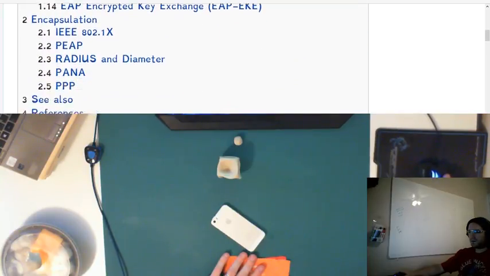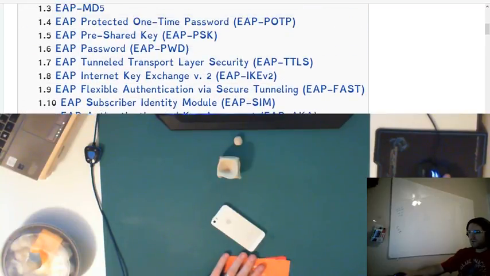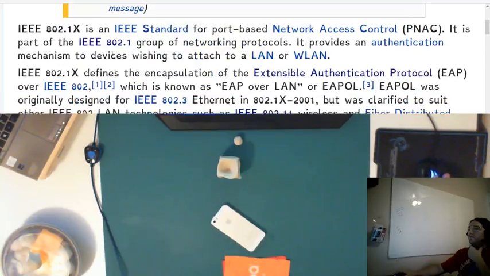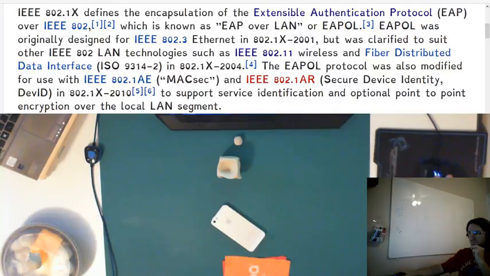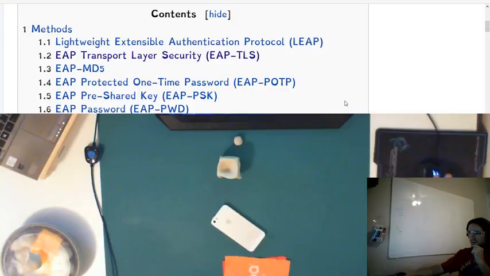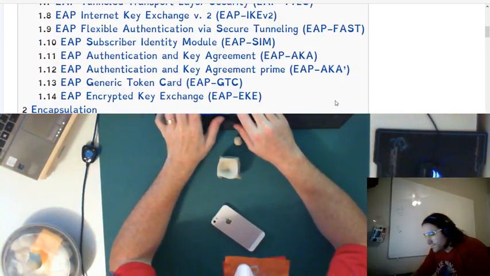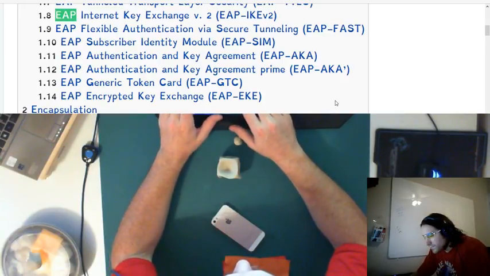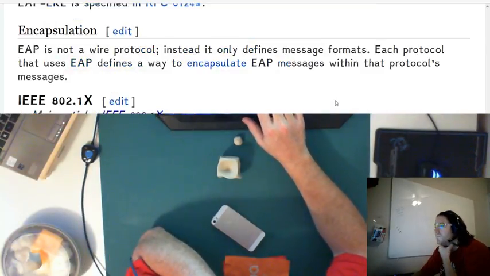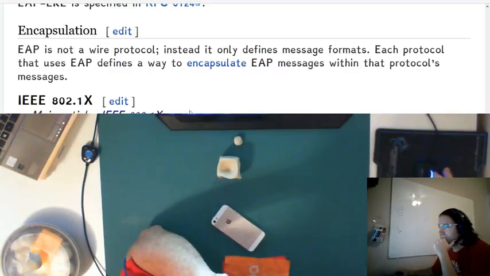Encapsulation. Here, 802.1X. EAP over LAN. That's an encapsulation. Okay.